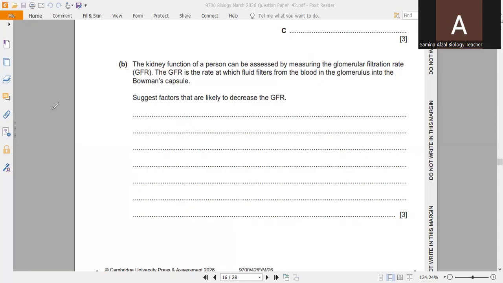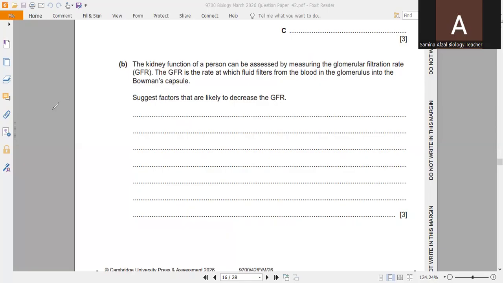So we have to give suggestions about the factors that will decrease the glomerular filtration rate. First of all, decreased blood pressure or low blood pressure can be the cause. Secondly, constriction of the afferent arteriole can be the reason.